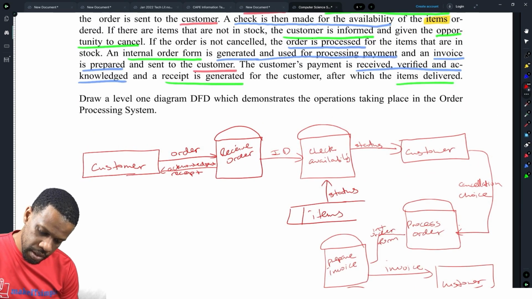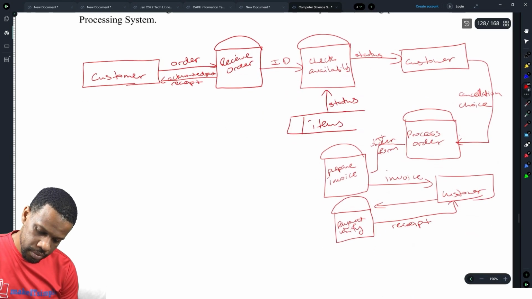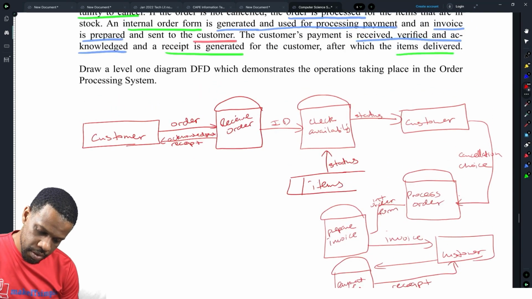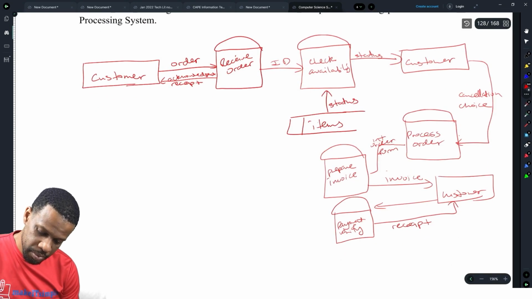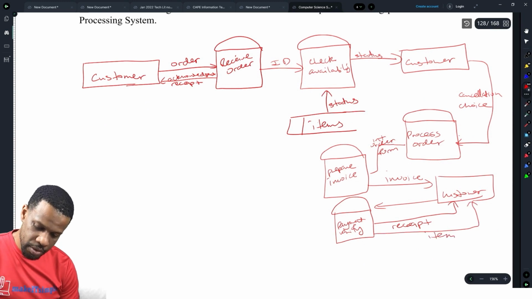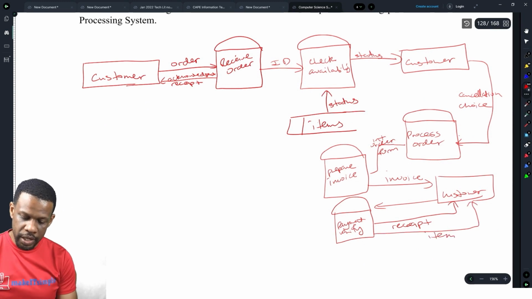The items are delivered after that. Who delivered the item? I don't know. After you verify the payment, deliver the item. I don't know who delivered the item because there is no warehouse or anything like that.